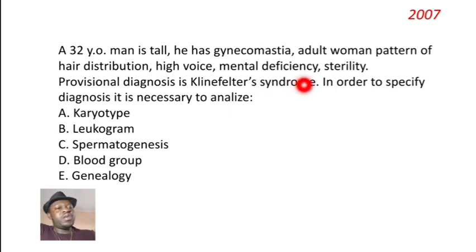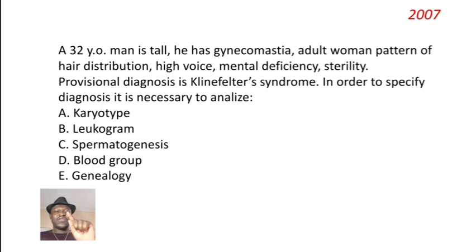Also he cannot have kids, so he is sterile. Provisional diagnosis is Klinefelter syndrome. In order to specify the diagnosis, it is necessary to analyze what? For Klinefelter, we need to analyze the karyotype. Do you know the karyotype of Klinefelter syndrome?